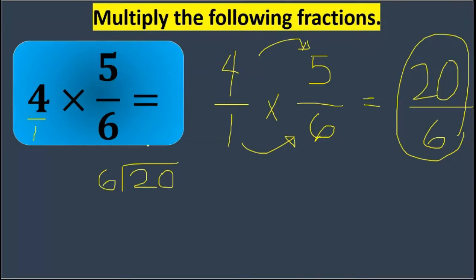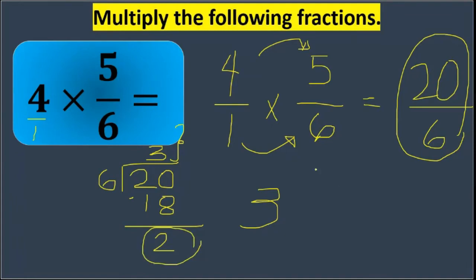So, 20 divided by 6, there's 3. 3 times 6 is 18. Subtract that. We have 2. Again, the quotient becomes your whole number, the remainder becomes your numerator, and your divisor will be your denominator.